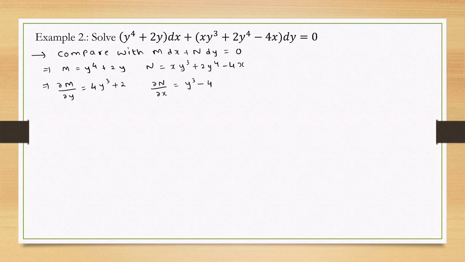With respect to x, it is the derivative of xy cube with respect to x, y cube only. 2y raised to 4 is free from x, so it is 0, and minus 4x means it is minus 4 only. So this implies dou m by dou y is not equals to dou n by dou x. So we call it equation 1. So this implies equation 1 is not exact.